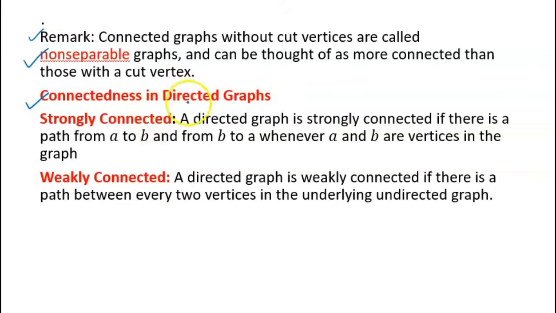Now what is connectedness in a directed graph? A directed graph is said to be strongly connected if there is a path from A to B and from B to A whenever A and B are vertices in the graph. A directed graph is weakly connected if there is a path between every two vertices in the underlying undirected graph.